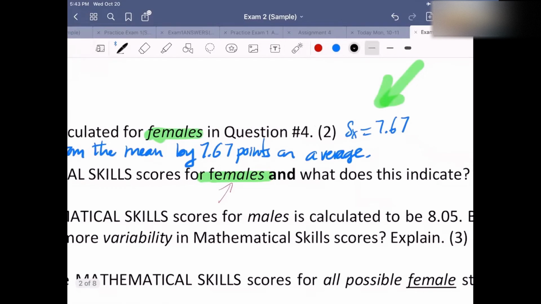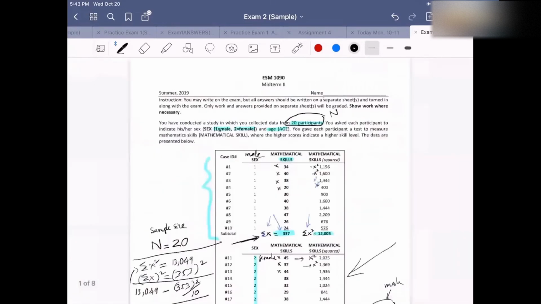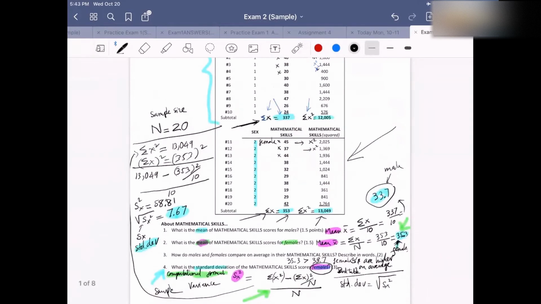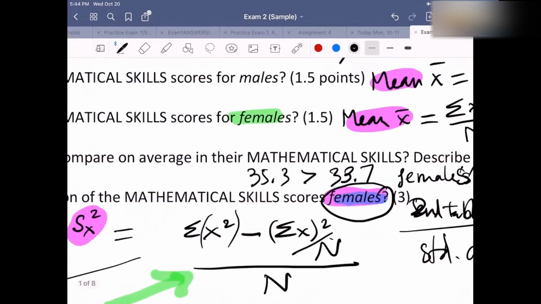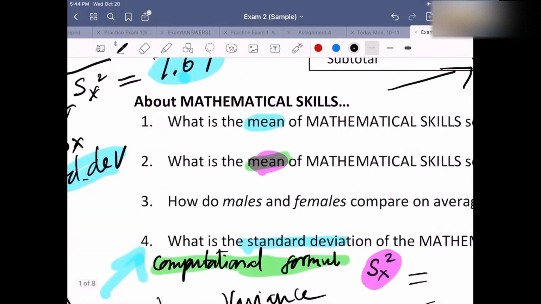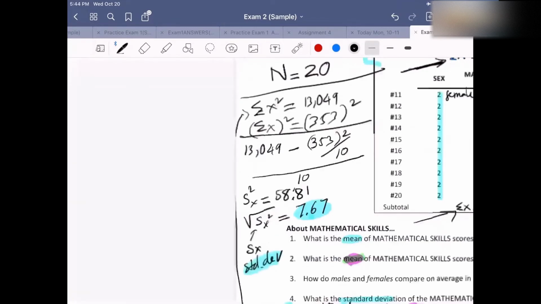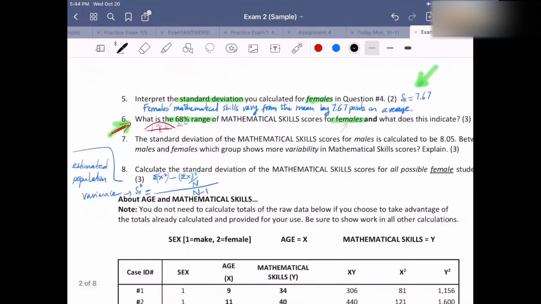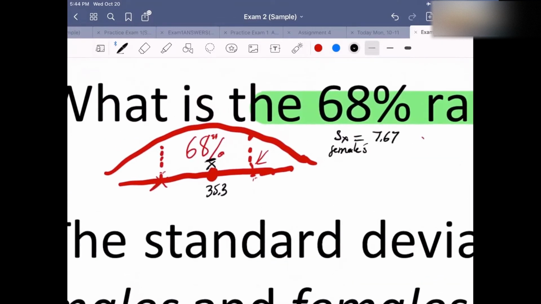If not, you can also find it in number 4 here, okay? For females, and we calculated up here, 7.67, okay? So you have to look at the answers of the previous questions as well, not just the current one. So now, yeah, so that is the standard deviation.